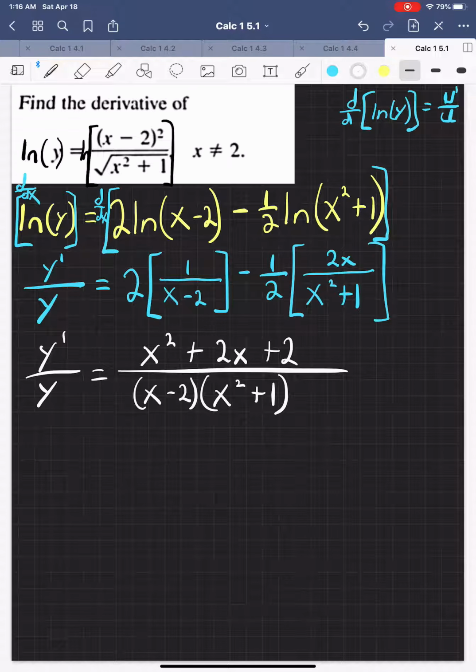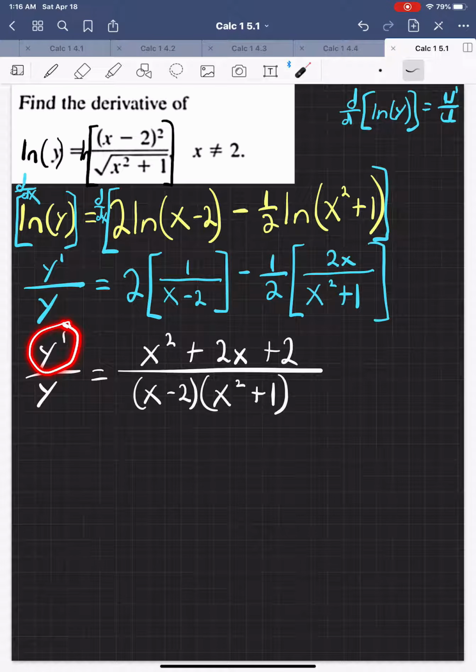Okay. And now I had 2 fractions, I got them into one fraction, and now I'm going to take this y, bring it over here, so that I can solve for my derivative. If you're like, what's going on right now? Don't you want the derivative? Isn't this the derivative?